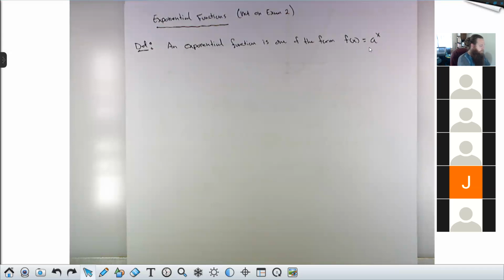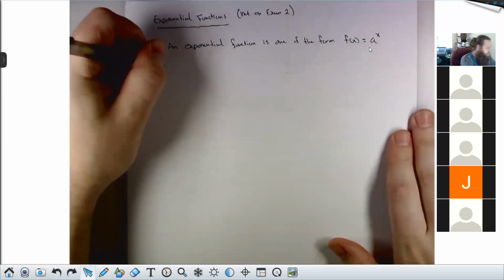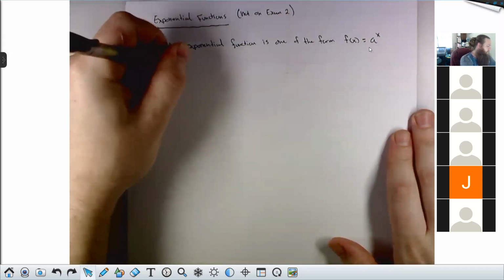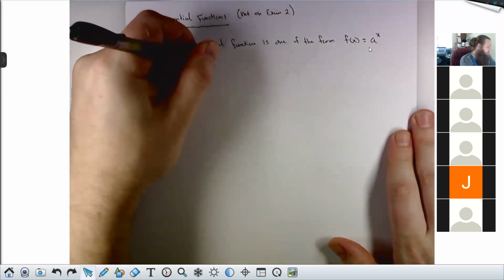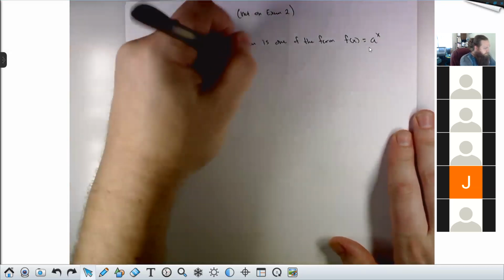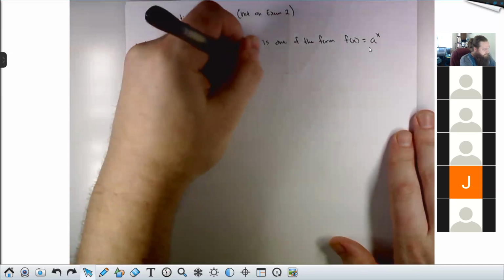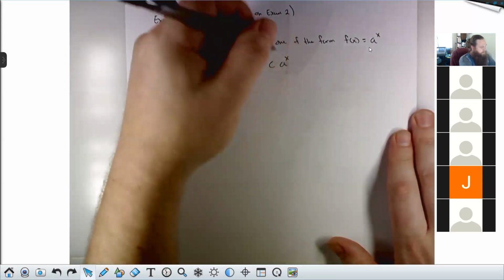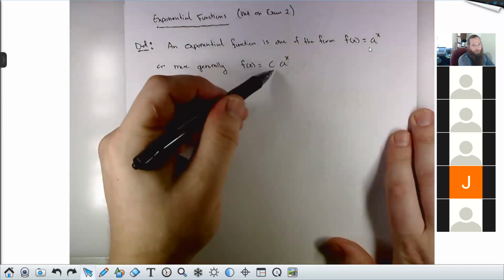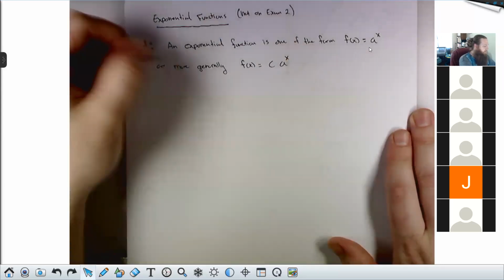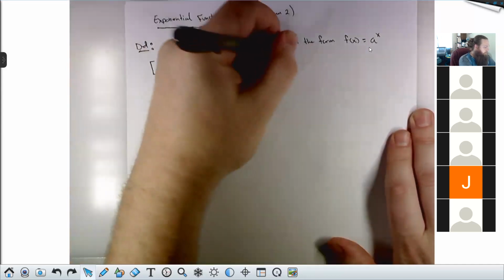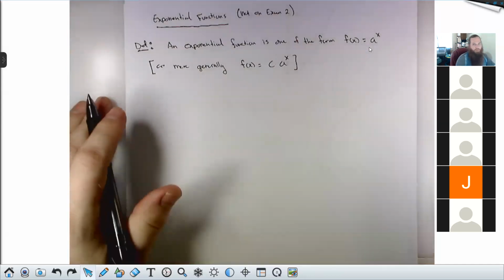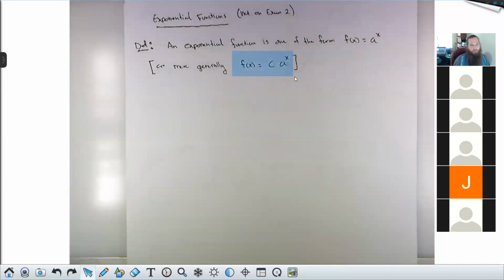But before I get there, more generally, something like c times a to the x. So oftentimes you'll have a number out front here. Your book doesn't include that in the definition, but all mathematicians would say something like this is still an exponential function.